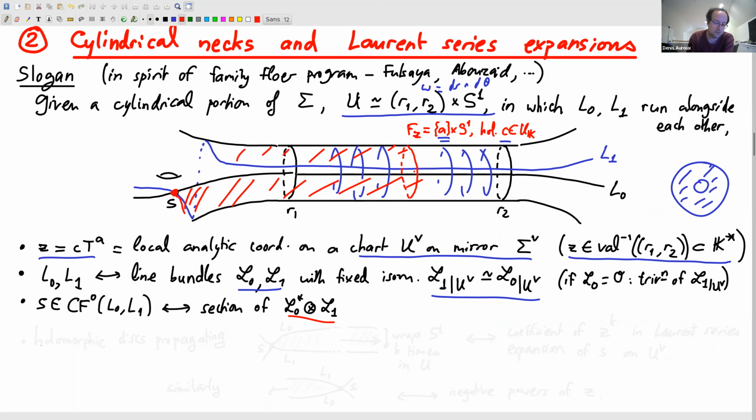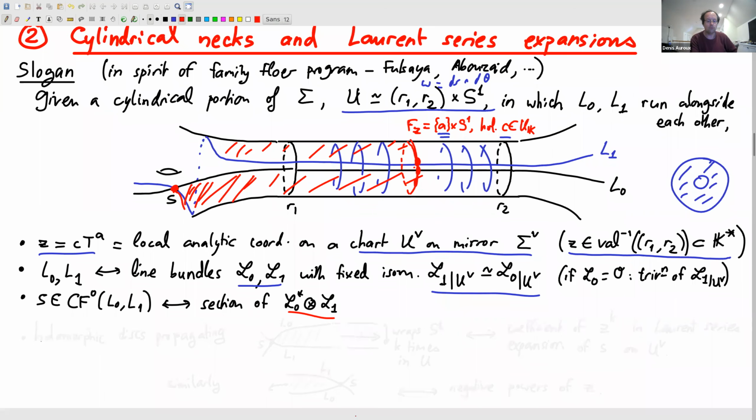I have a holomorphic triangle that starts at S and goes somewhere along my surface, and at some point it gets into the neck. Now I can choose to stop it at F_z and produce a holomorphic triangle with corners at S and these two intersection points here. What the count of such triangles does, if I look at all possible configurations, all possible homotopy classes, and so on, is tell me the value of S at the point Z on the mirror.